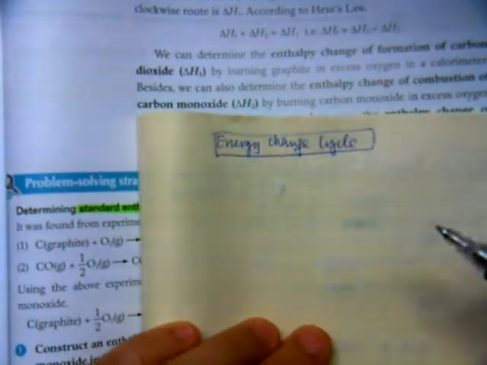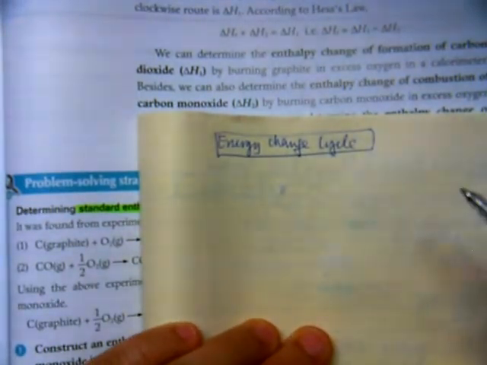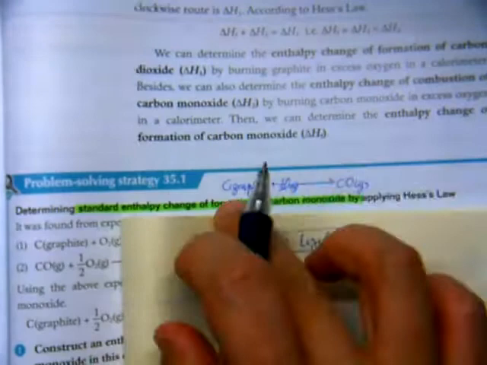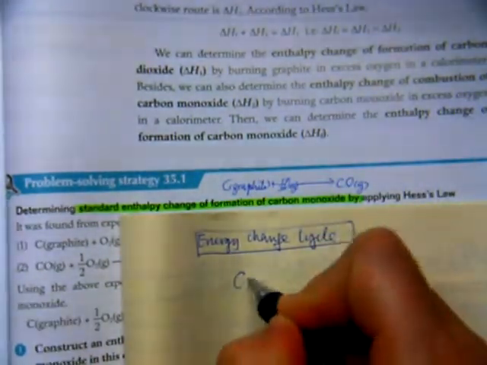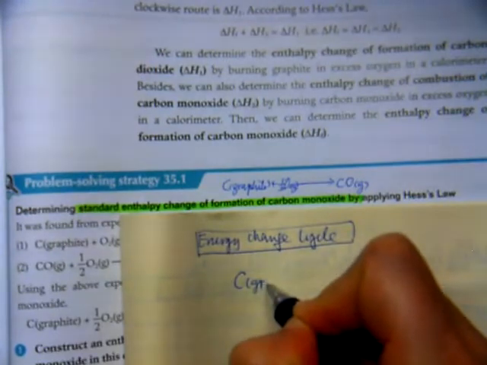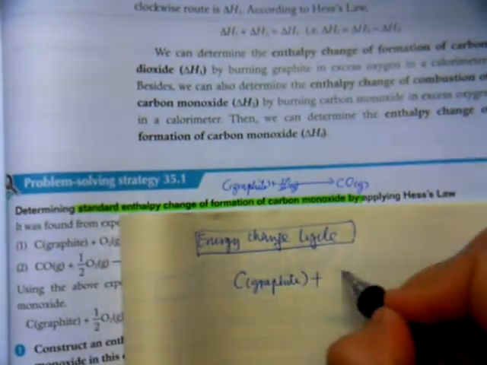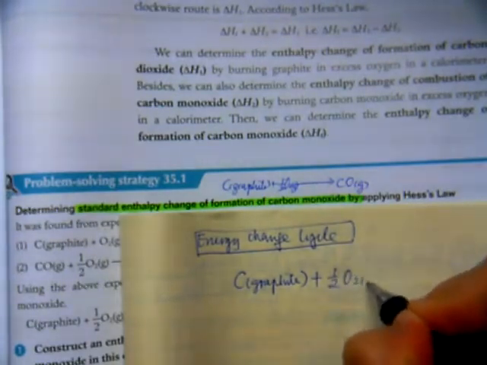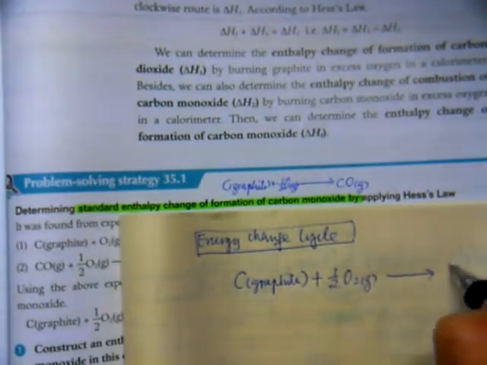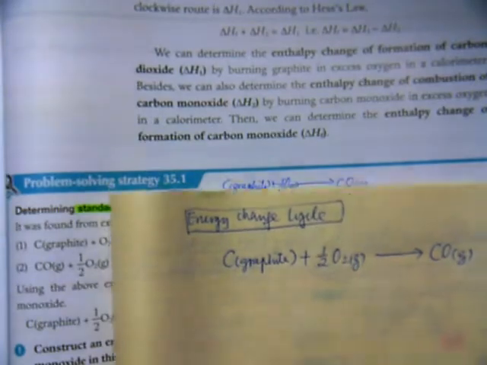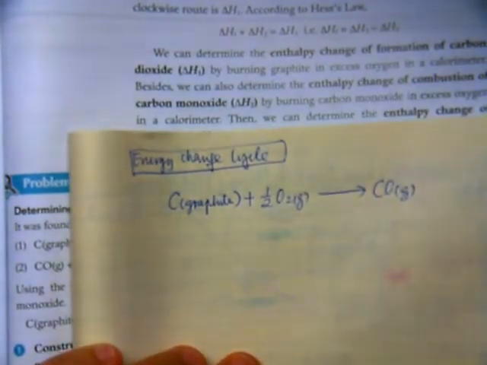Bear in mind, you must start your cycle by using your target reaction. Write down your target reaction horizontally. This is the first step.